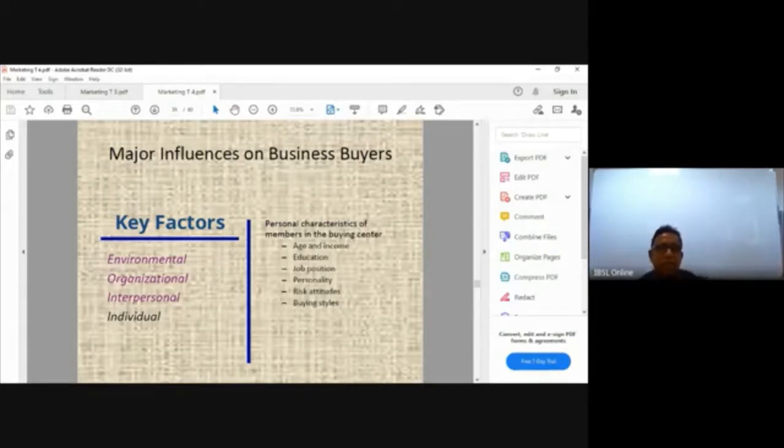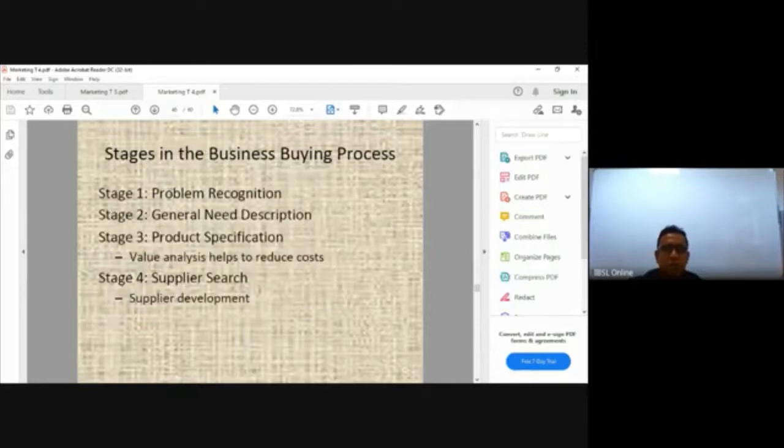So environmental, organizational, interpersonal, and individual factors can influence organizational buying.